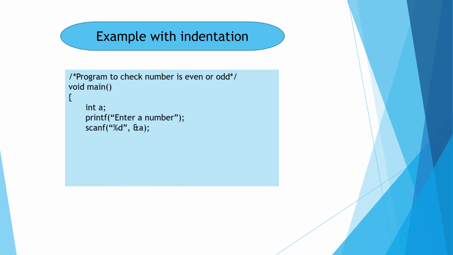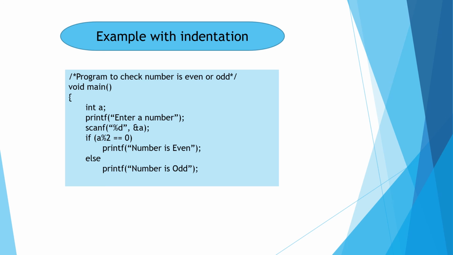Here we declare the variable integer a, then we write the printf statement, enter the number, and we read it by using the scanf statement, percent d, ampersand a. Now the next statement is the if condition, that is, if a mod 2 is equal to 0.